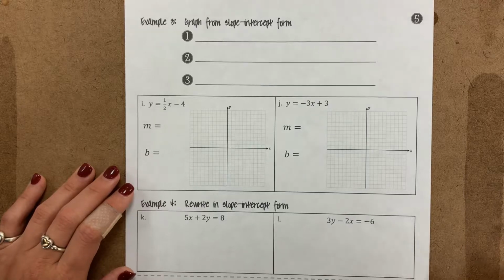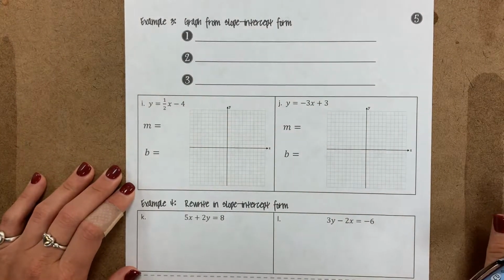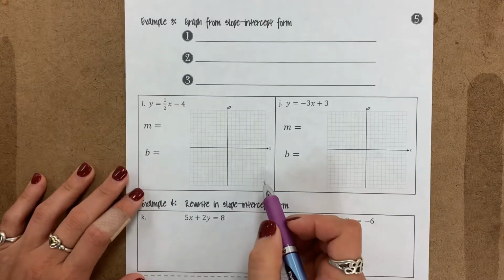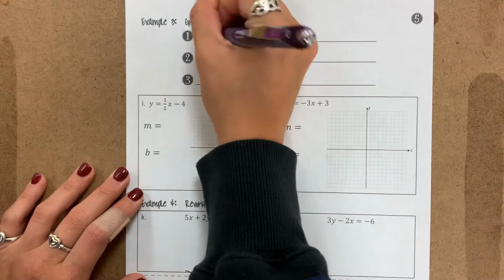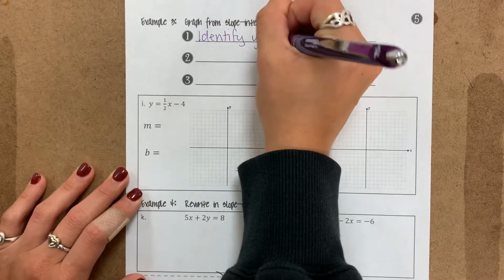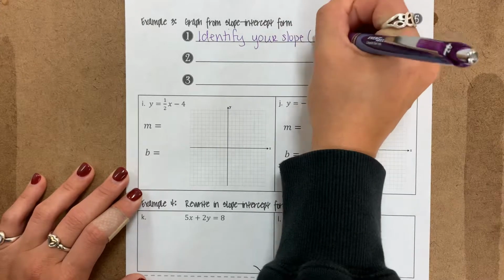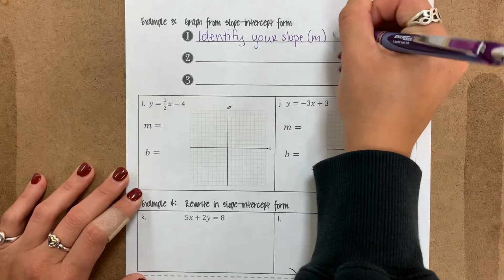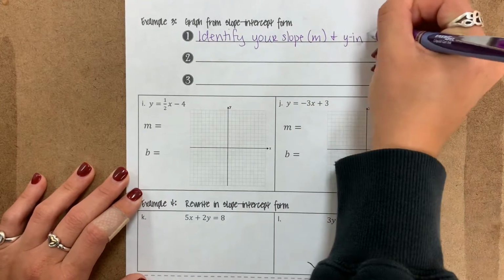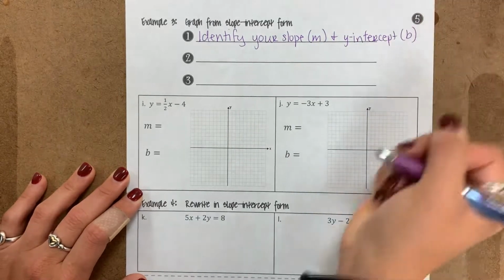On the back of your notes, now we're going to talk about how to actually graph the slope-intercept form. So we have 3 steps. Our first step is to identify your slope, which we have called m, and y-intercept, which is b.